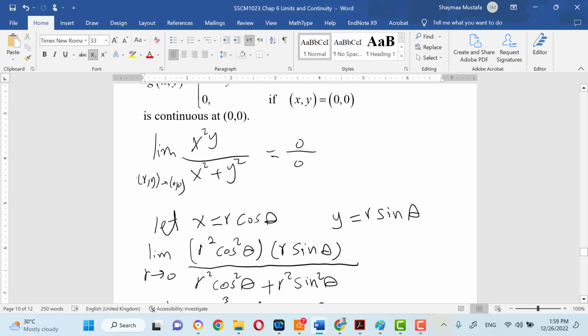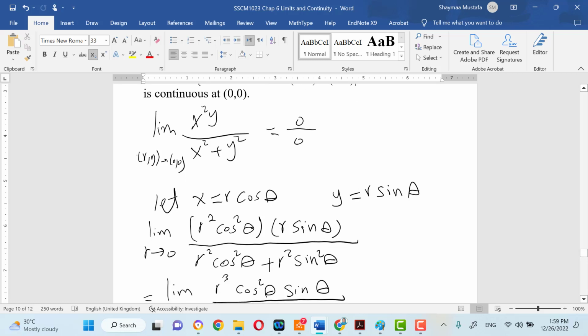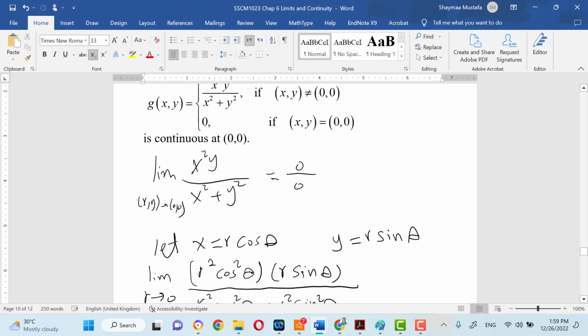So here I will change the equation to polar form. x is equal to r cos theta, y is equal to r sin theta. Why? Because in polar form r squared is equal to x squared plus y squared. So when x and y go to 0 and 0, r goes to 0.